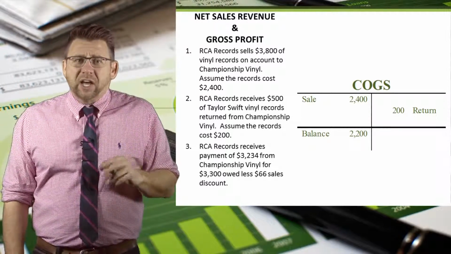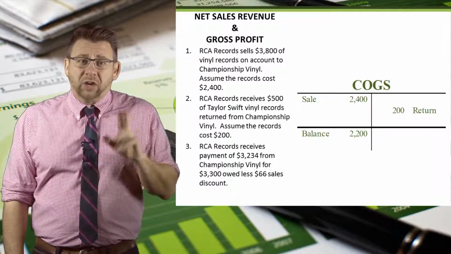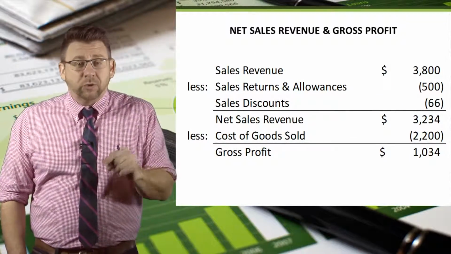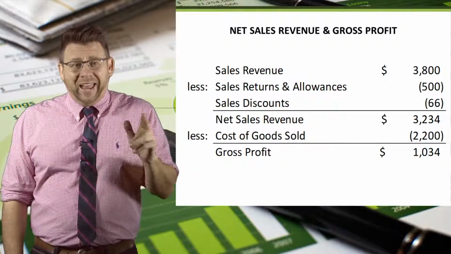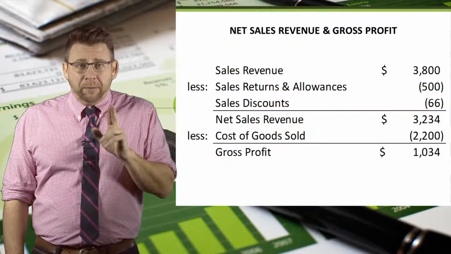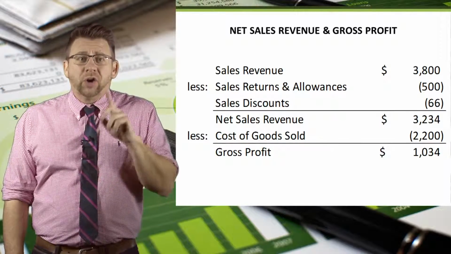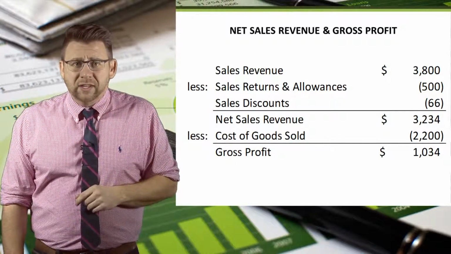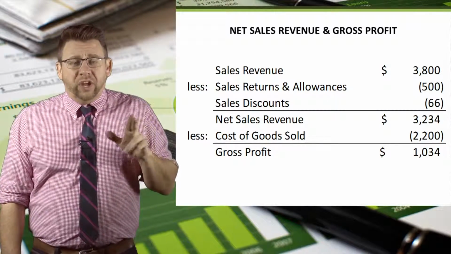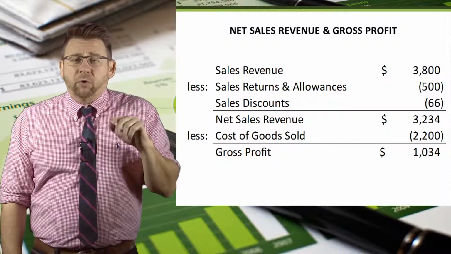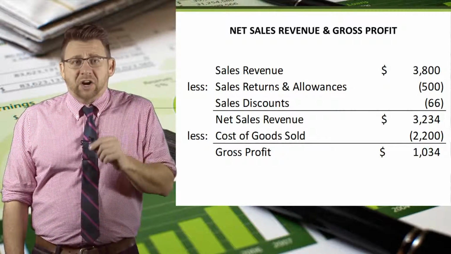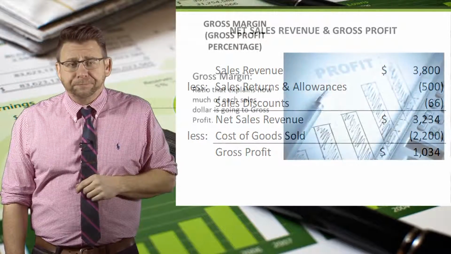So the balance in cost of goods sold is $2,200 debit balance. Gross profit is the difference between net sales revenue and cost of goods sold. It represents the amount the goods were sold for greater than their cost. So RCA sold those vinyl records to Championship Vinyl for $1,034 more than they cost RCA Records.